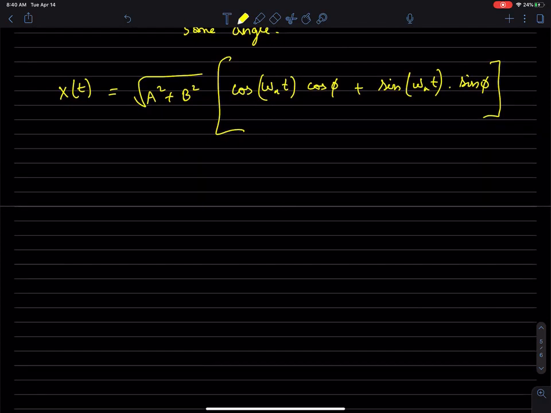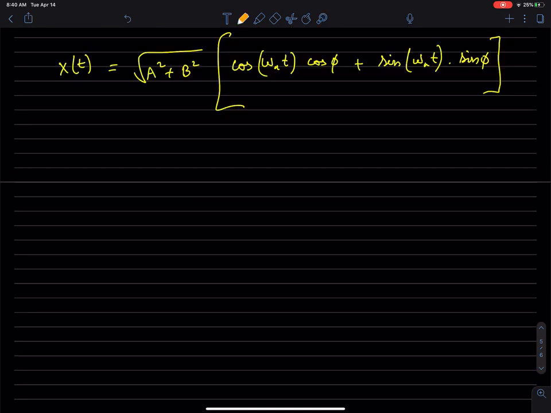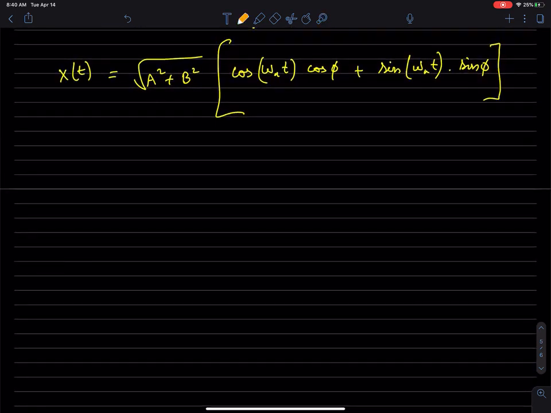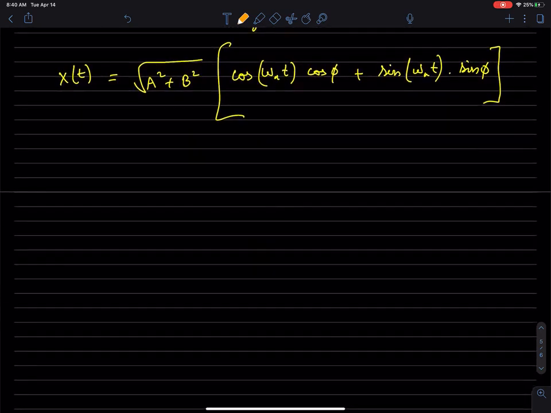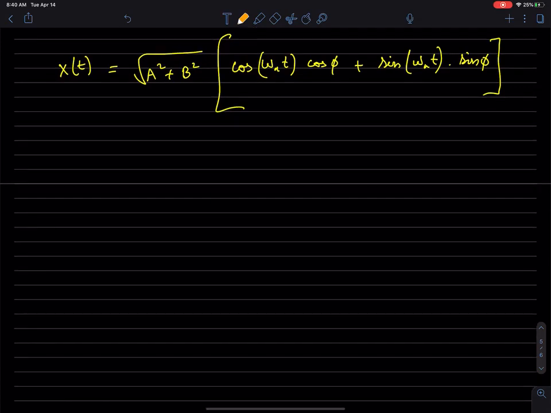Now, if you recall your trigonometric identities, let's try to simplify this expression using one. Cosine theta 1 cosine theta 2 plus sine theta 1 sine theta 2 equals cosine of theta 1 minus theta 2.